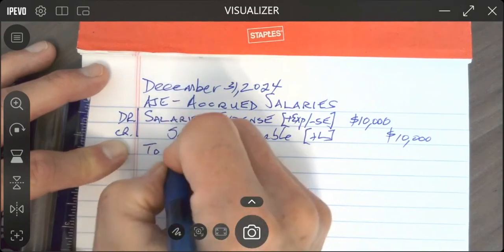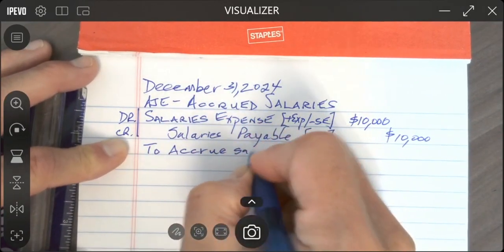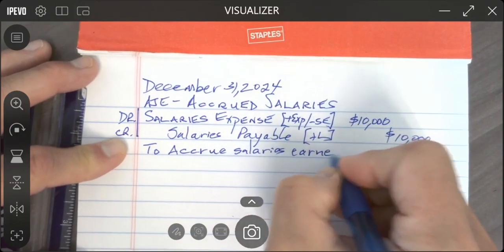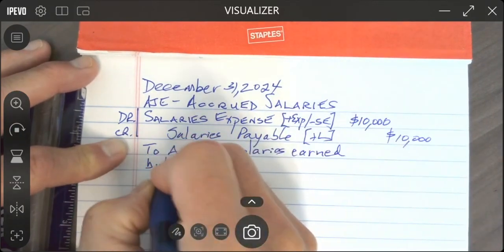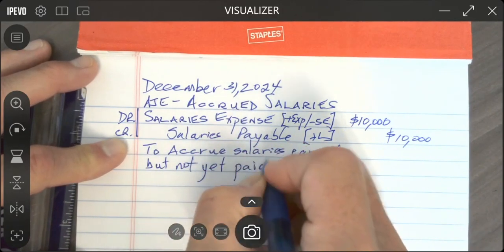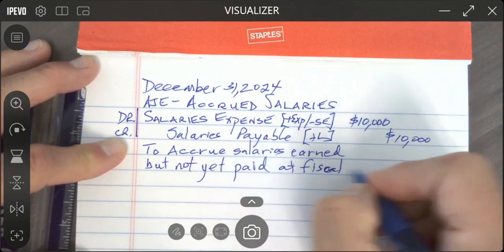To accrue salaries earned but not yet paid at fiscal year end.